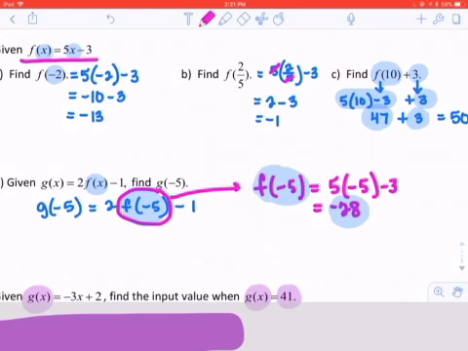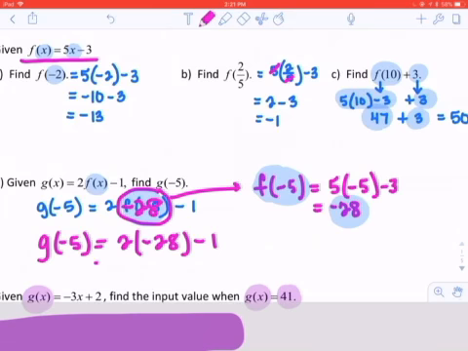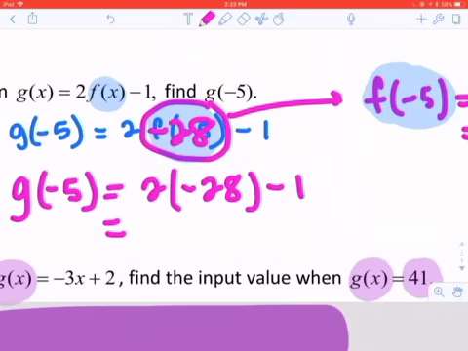So you just throw that right in there. And you get g of negative 5 equals 2 times negative 28 minus 1. Now, I don't have my answer key in front of me, so let's see if I can impress you with my math skills. 2 times negative 28 is negative 56. Minus 1 is negative 57.